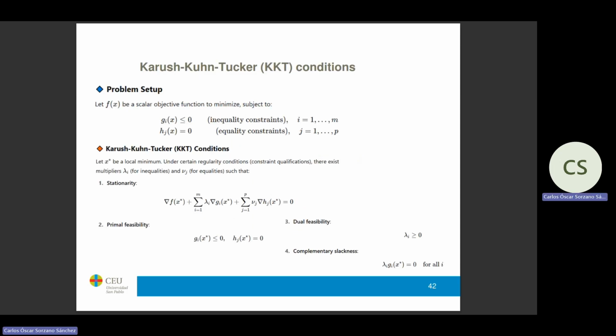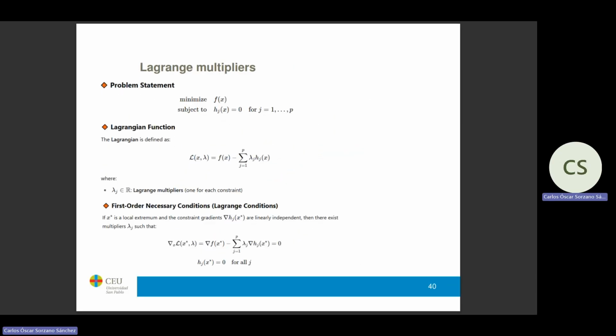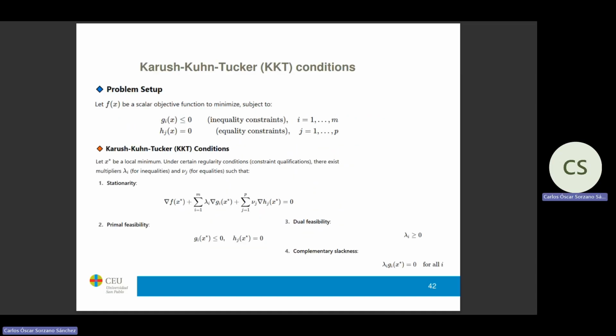Okay, so now let's make it even more general. The Lagrangian conditions were only valid for equality constraints. What if we have inequality constraints also?